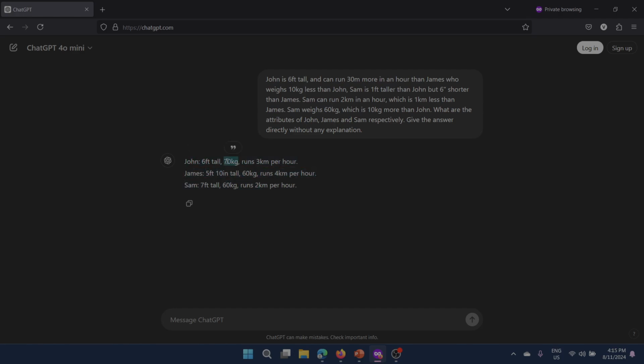John is not supposed to be 70 kgs, he is not supposed to be only 6 feet tall. The LLM gave us the wrong measurements for these people. So using the same prompt, let us learn how to improve it.